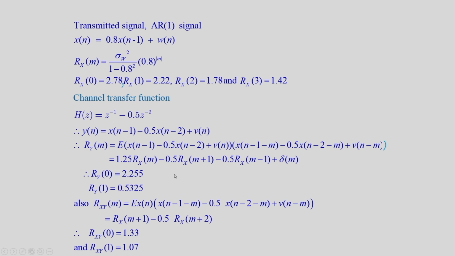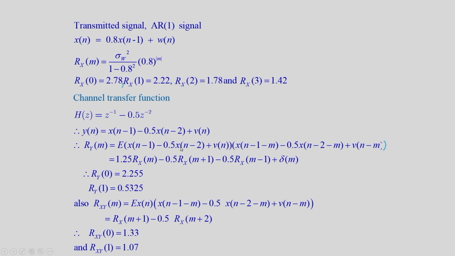If we carry out the multiplication and then take the expectation, the first term will be 1 times Rx[m], because it will be E[x[n-1] x[n-1-m]].